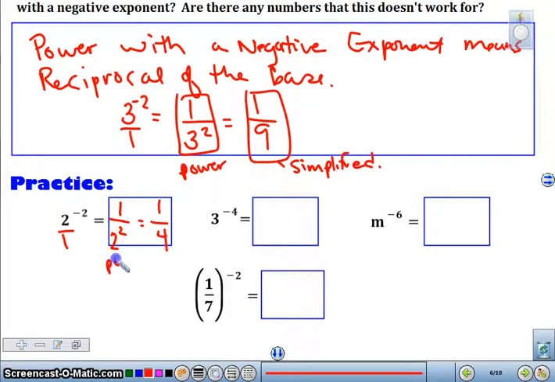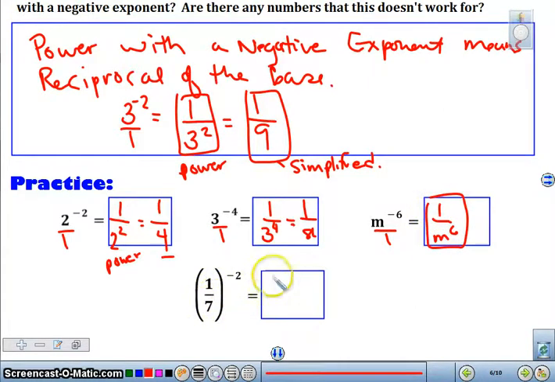This is our answer as a power. This is simplified. 1 over 3 to the 4th is equal to 1 over 81. 1 over m to the 6th would be our final answer.